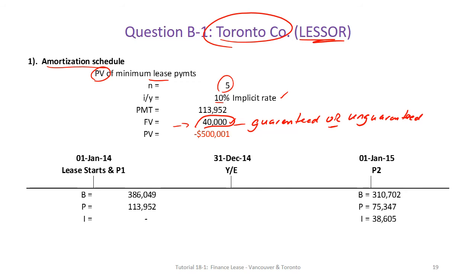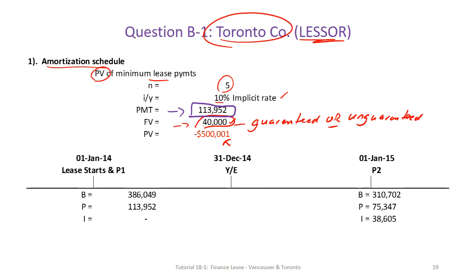Now, if we work backwards and say take a payment of 113,952, a future value of 40,000, 5N, 10 IY, we get 500,001. But guess what? It's the lessor that actually determines the payment. And so how does the lessor determine the payment?